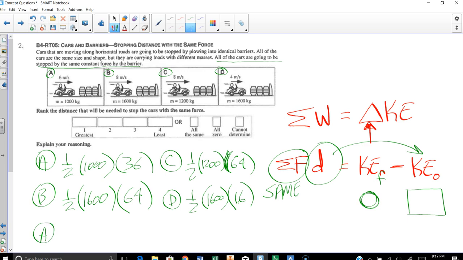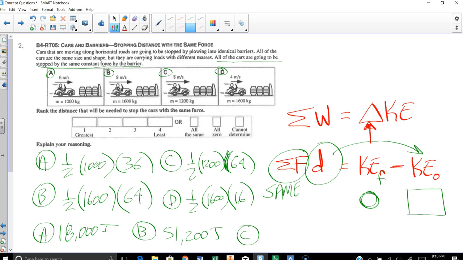So looking at this, for A I have 500 times 36. I have a calculator sitting right in front of me here in the room, so we'll just do it that way. 500 times 36 is 18,000 joules, of course. B is going to be 800 times 64, that's 51,200 joules.